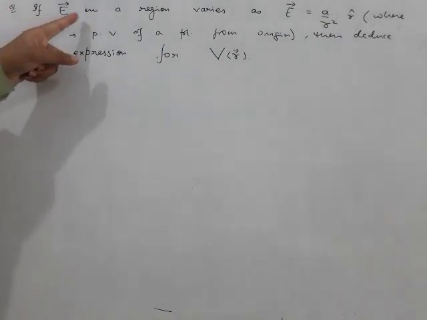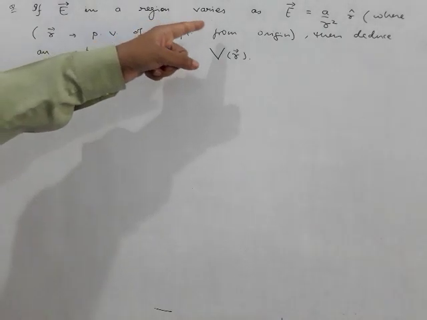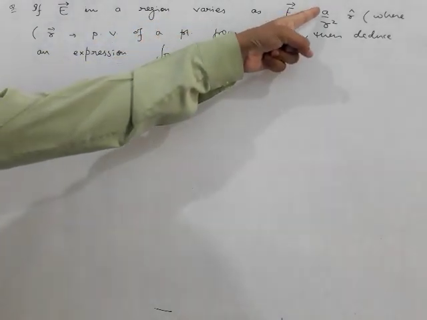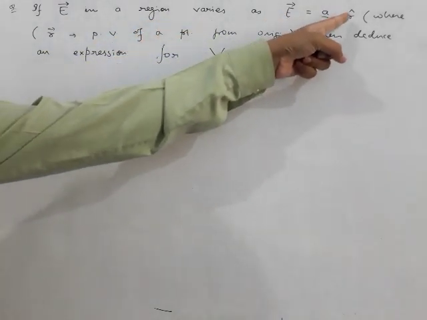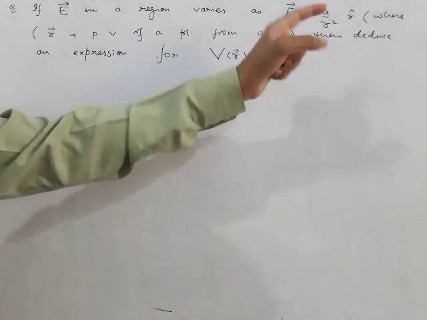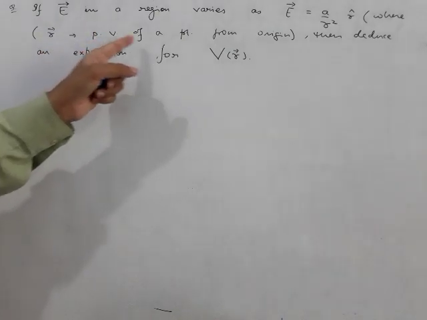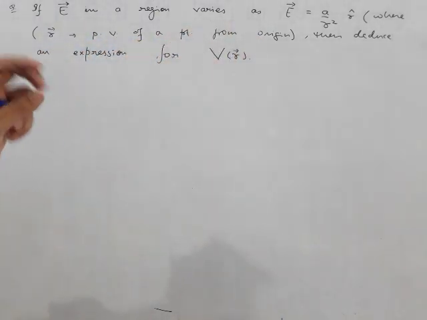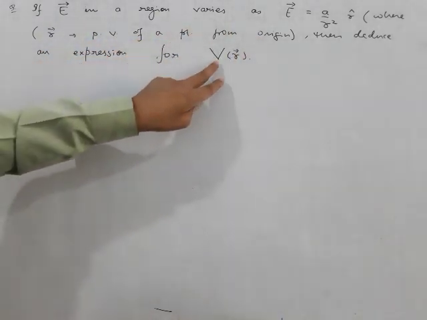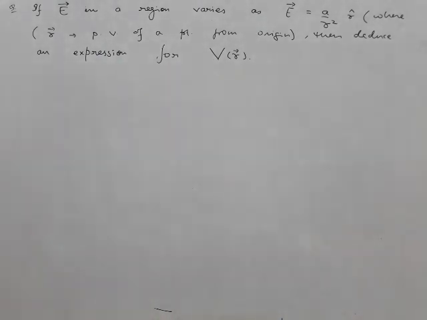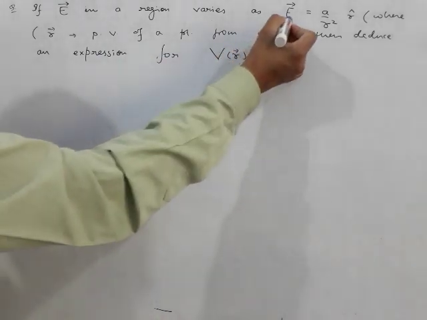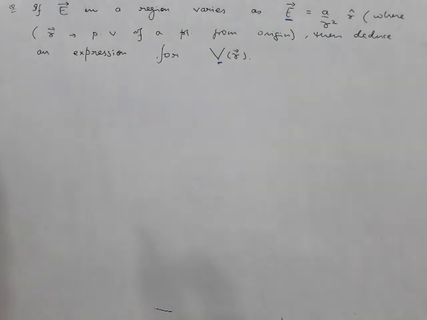If electric field in a region varies as E is equal to some constant A upon r square times r cap, where r vector is position vector of a point from origin, then you have to write an expression for potential in this particular region. Electric field is given to you and you have to write an expression for potential at some point whose position vector is r vector.